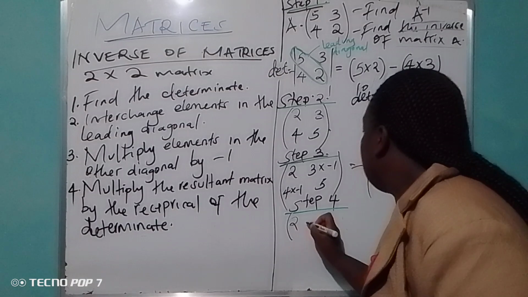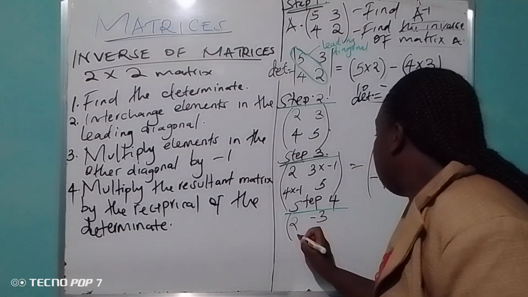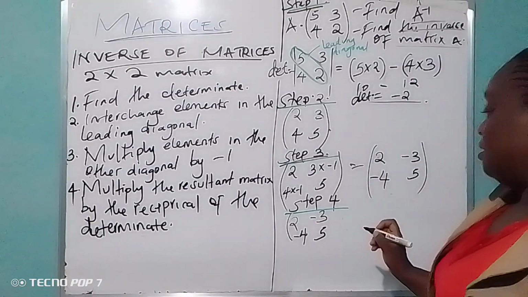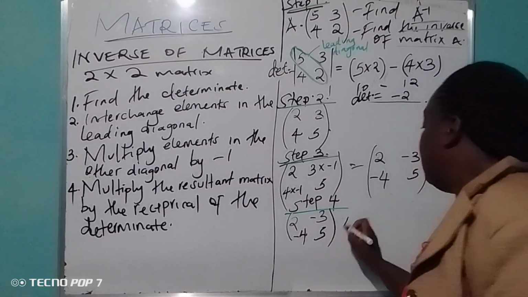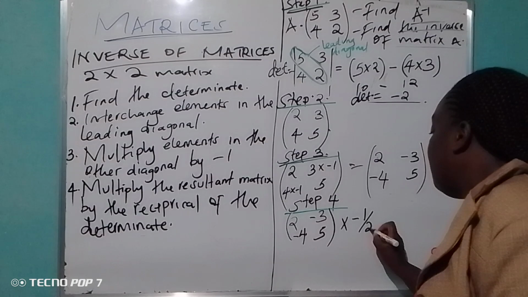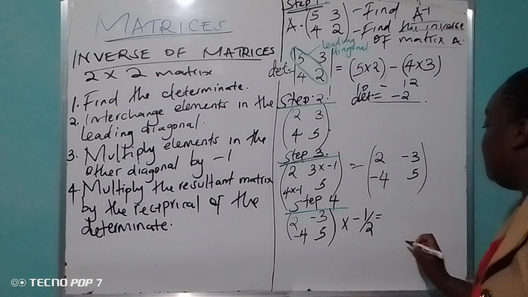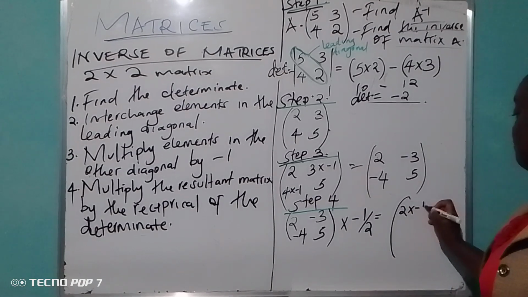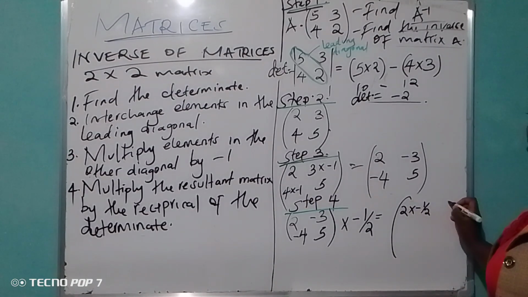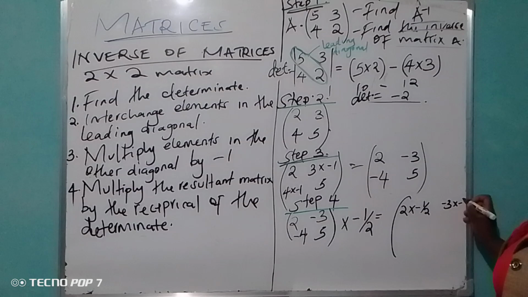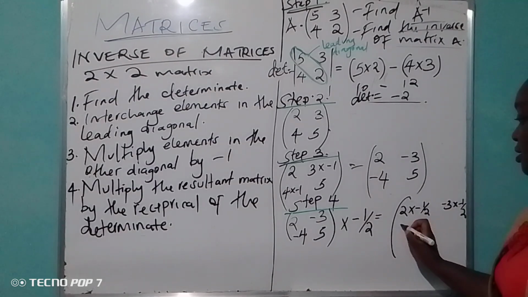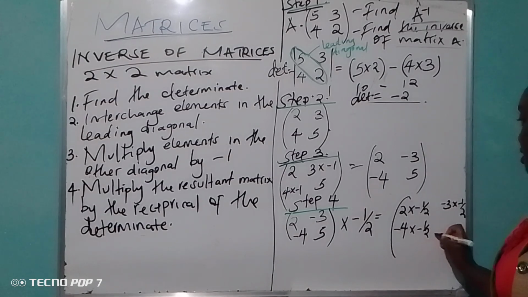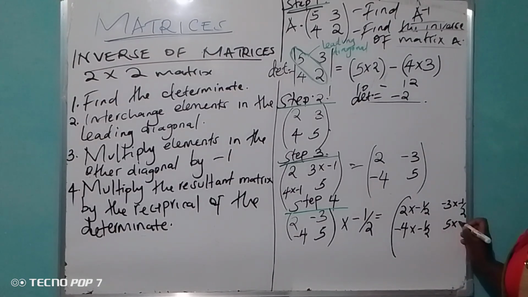So it will be the matrix 2, -3, -4, 5, and we multiply by -1/2. So it will be 2 times -1/2, -3 times -1/2, -4 times -1/2, and 5 times -1/2.